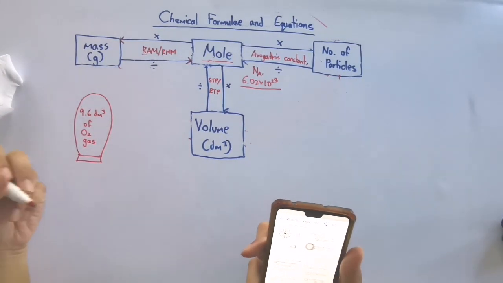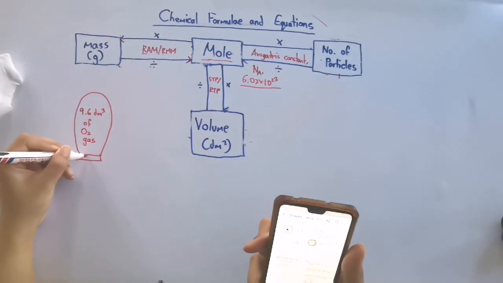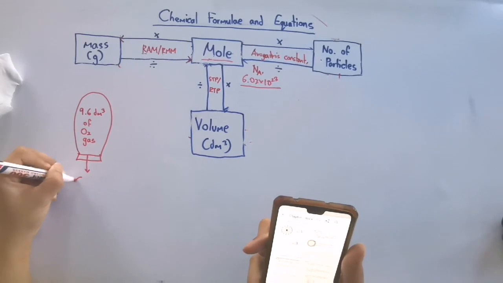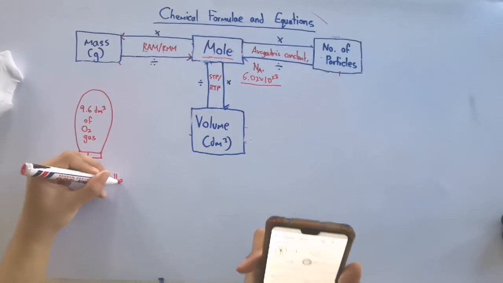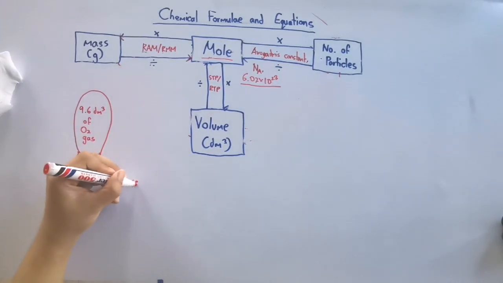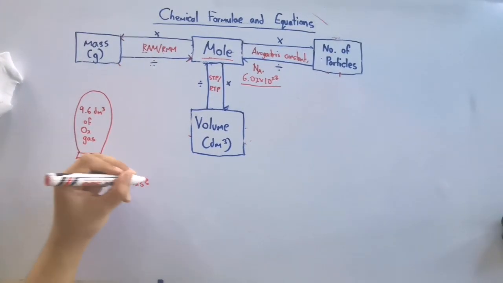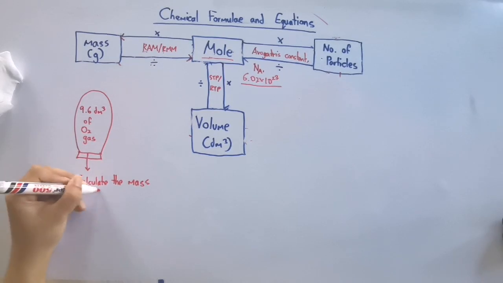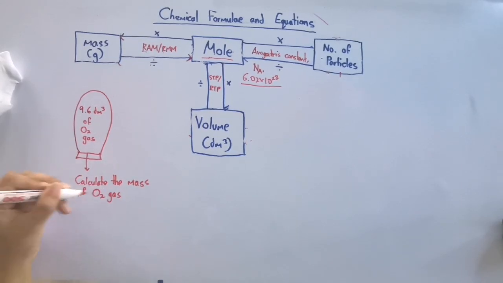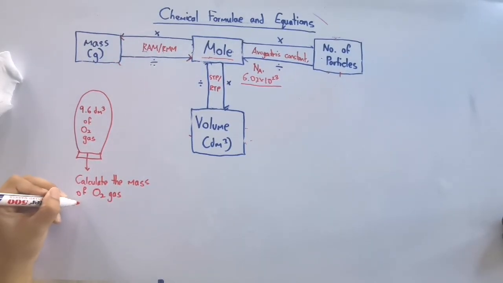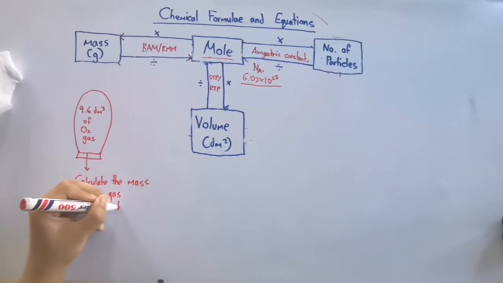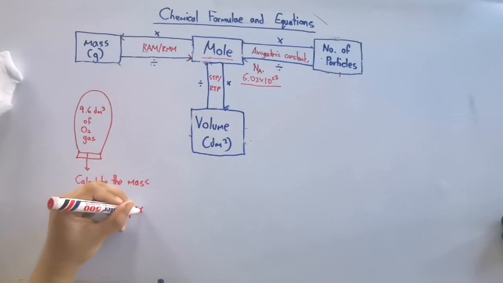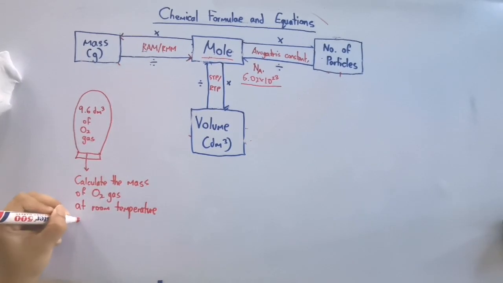And then the question asks you to calculate the mass of oxygen gas at room temperature and pressure.